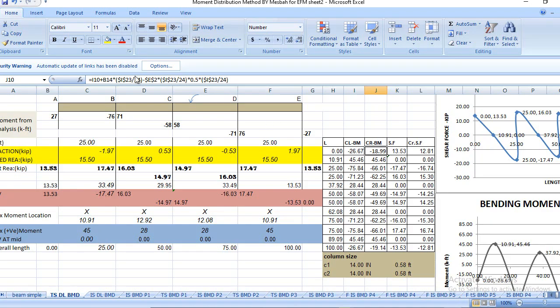So you see here that moment, and that reaction times distance, minus this UDL loading, and a half. So this is the whole formula which I basically use in my Excel sheet, and I got that face moment.